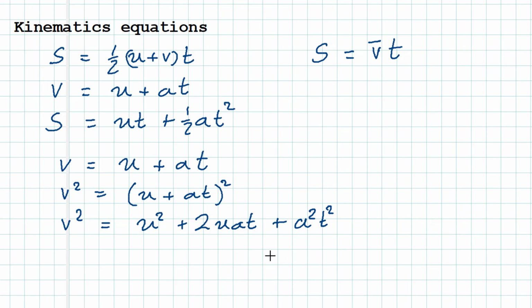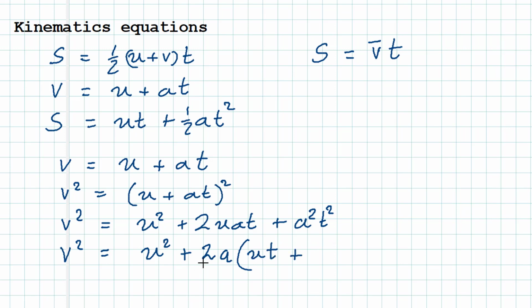So to make this simpler, we could do the following: v squared equals u squared plus, and we're going to take out a common factor of 2, and we're also going to take out a common factor of the acceleration, because that appears there and there as well. We'll just leave the t in. So 2a into a bracket is going to give us ut. That's what we're looking for.